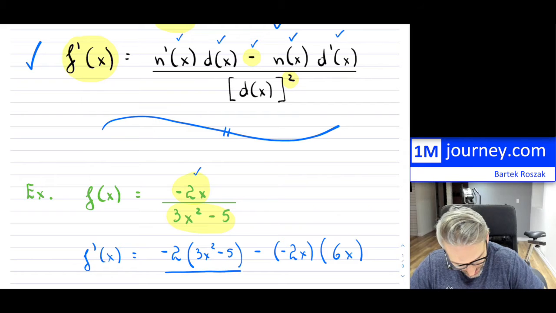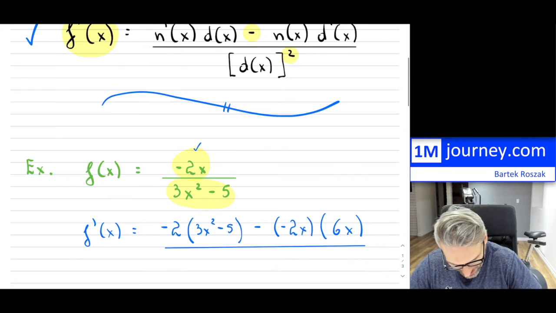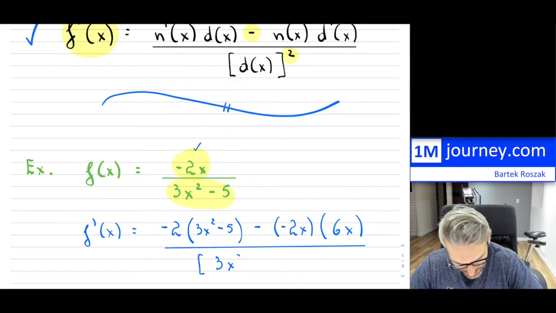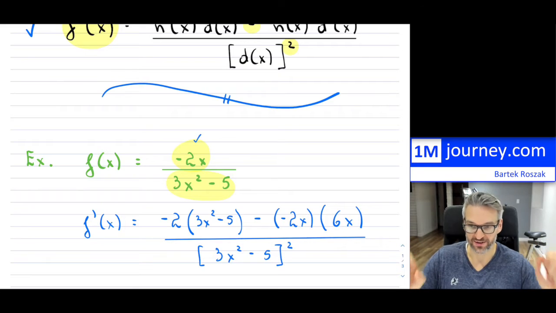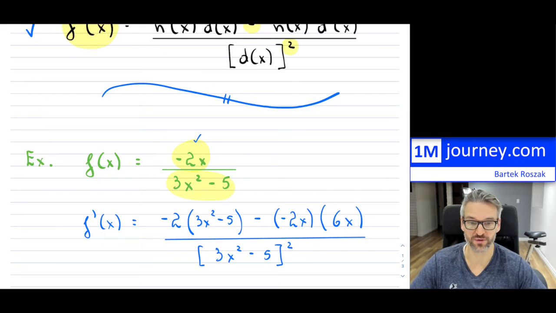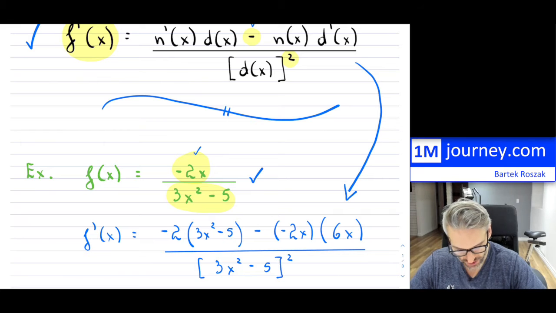And for the entire thing, I'm supposed to take the whole denominator, which is 3x squared minus 5, and square it. So this complicated function that you see here, which we call the derivative, is actually the result of this quotient rule. I just applied it over here to this function.